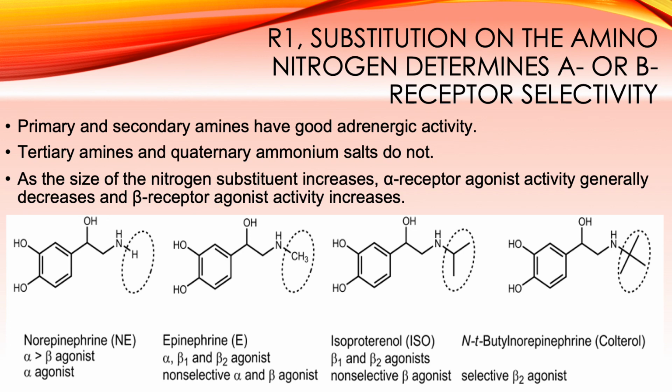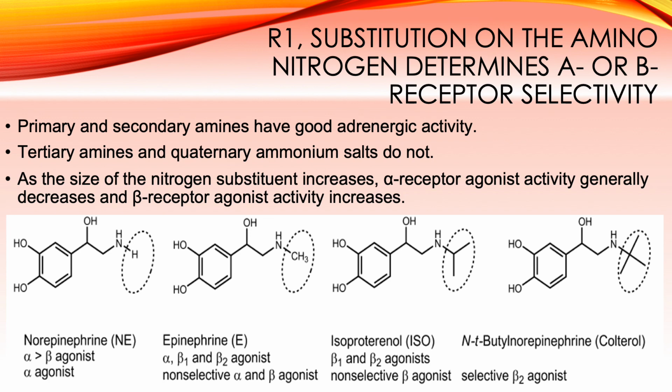Norepinephrine has no substituent, but it is still the prototype of our adrenergic agonist drugs. Now epinephrine contains the methyl, which is favorable to produce maximal activity for both alpha and beta receptor.